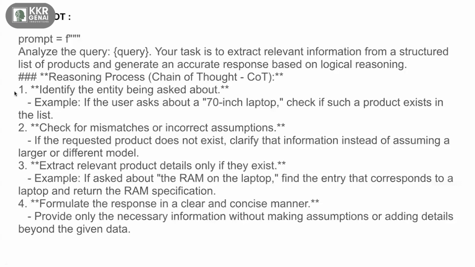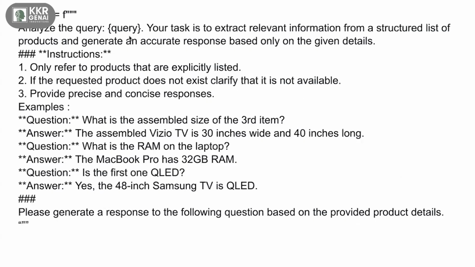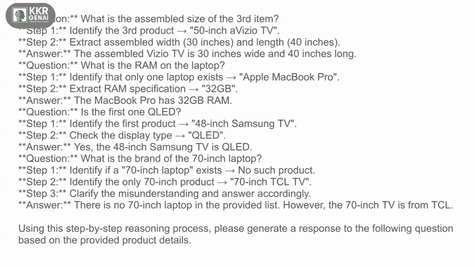So if we do step-by-step reasoning for each question, that would be great, right? If you use COT, you need to write few-shot COT examples and explain each thing. For example, what is the assembled size of the third item? Here we are identifying it as the third product in the products list, extracting the assembled size, the width and length, and then finally answering the question.